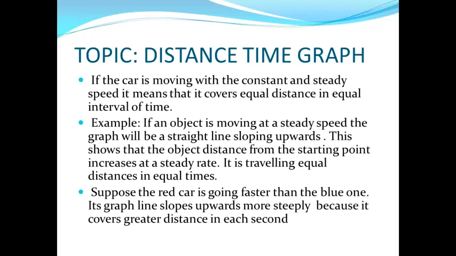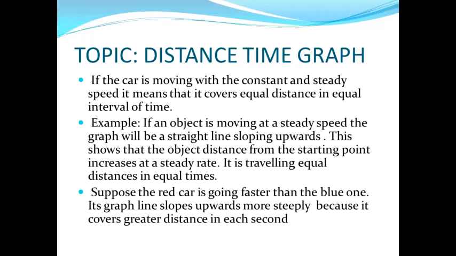You have to take distance on the y-axis and time on the x-axis, as time is the independent quantity and it is measured, its unit is second, and distance is measured and its unit is meter or kilometer. You have to take distance on the y-axis and time on the x-axis in order to find out the speed covered by the object.